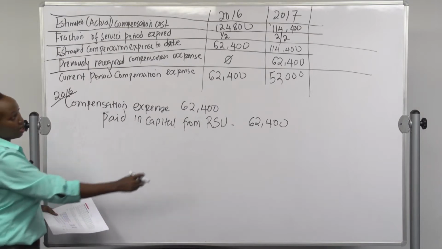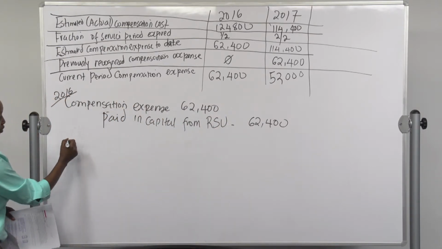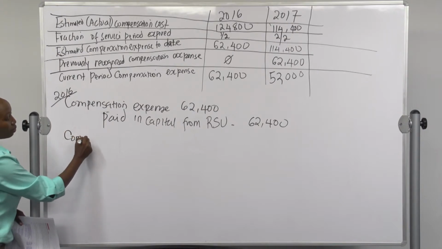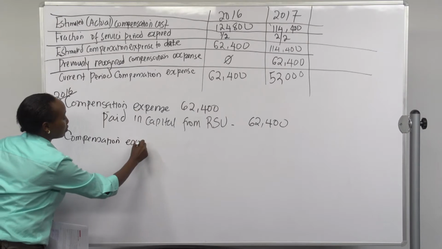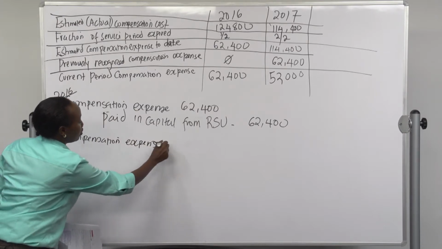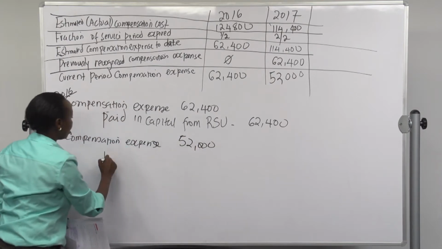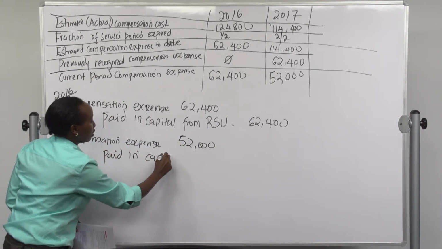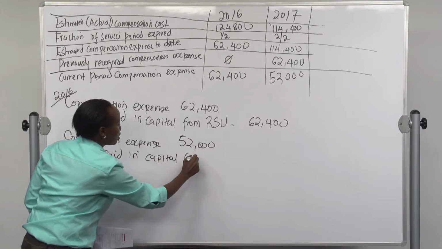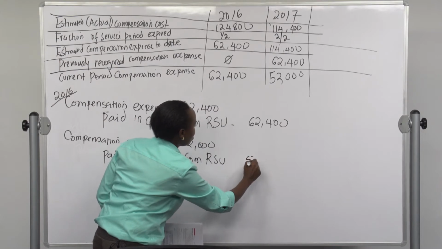In 2017, we have 52,000, so we do the same journal entry: compensation expense, 52,000, and paid in capital from restricted share units, 52,000.